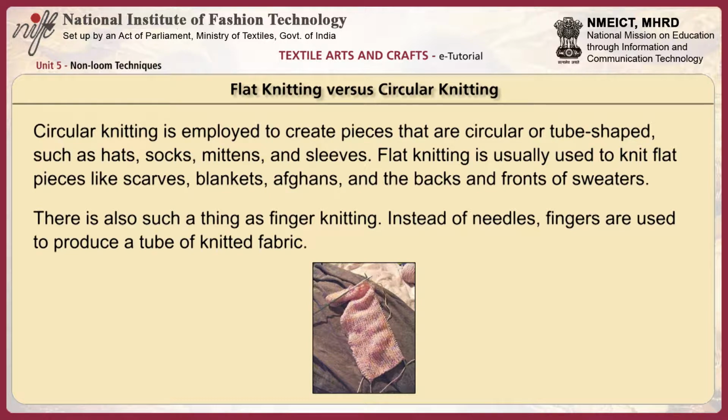Circular knitting is employed to create pieces that are circular or tube-shaped, such as hats, socks, mittens, and sleeves. Flat knitting is usually used to knit flat pieces like scarves, blankets, afghans, and the backs and fronts of sweaters. There is also such a thing as finger knitting. Instead of needles, fingers are used to produce a tube of knitted fabric.